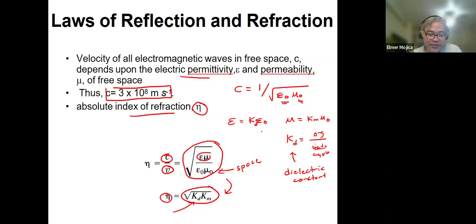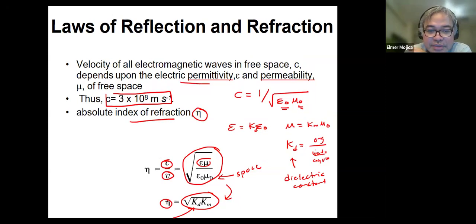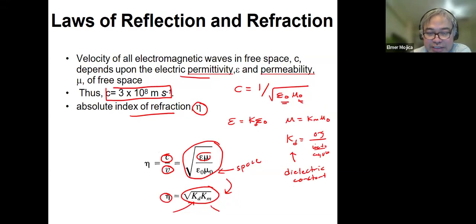Kd is your dielectric constant, and Km is your relative permeability. So in short, your refractive index can be written as the square root of Kd times Km.